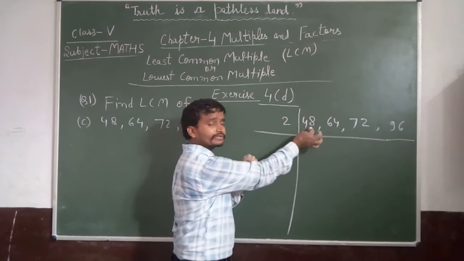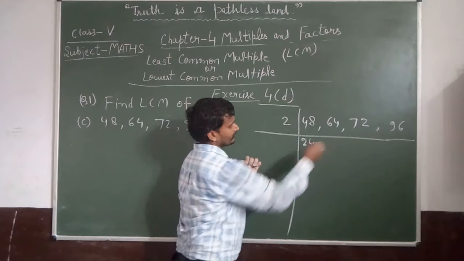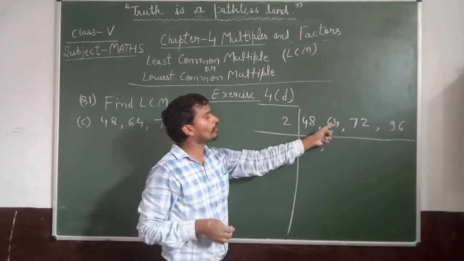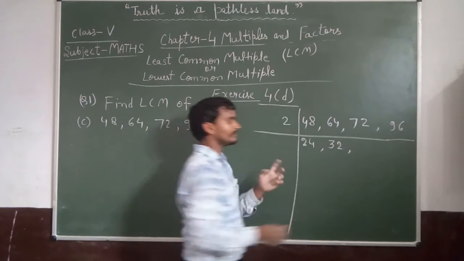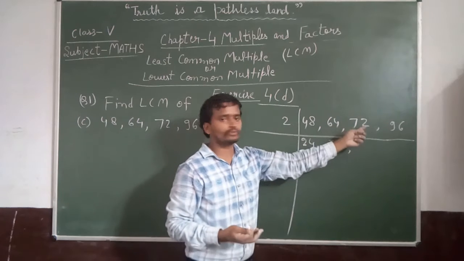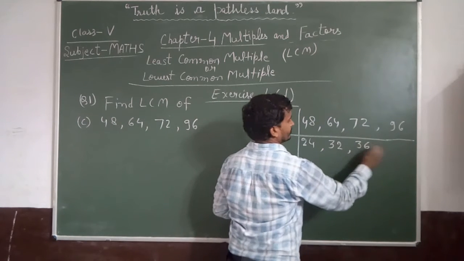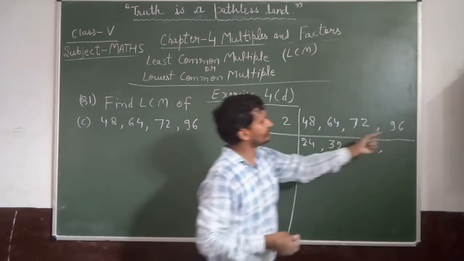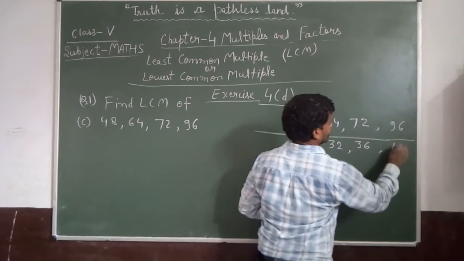On dividing 48 by 2, we get 24. On dividing 64 by 2, we get 32. On dividing 72 by 2, we get 36. Similarly, on dividing 96 by 2, we get 48.